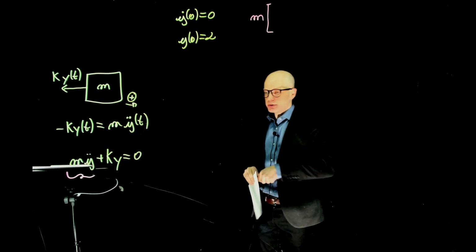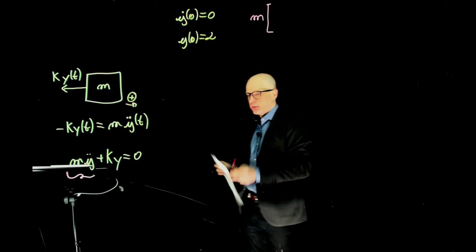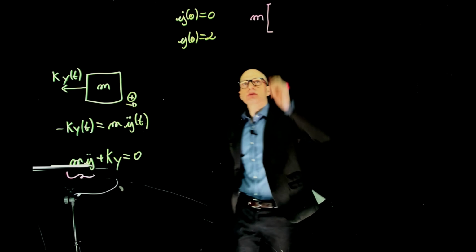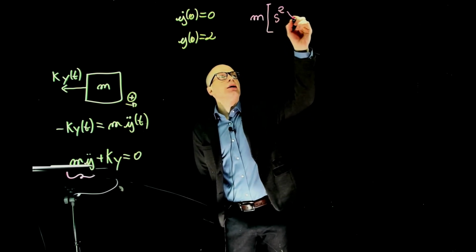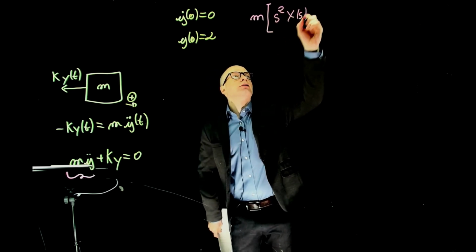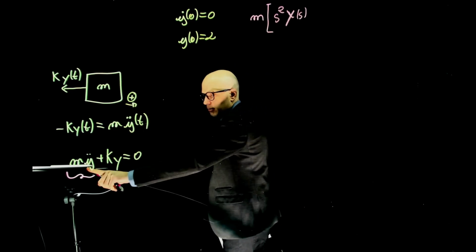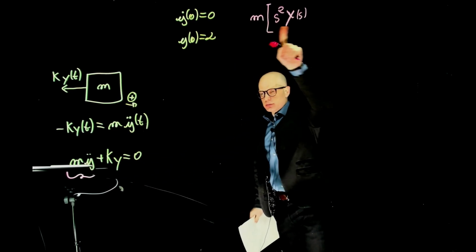We have three terms. The first term is the second derivative of y. The first derivative would be Y of s times s. The second derivative is s squared times Y of s.